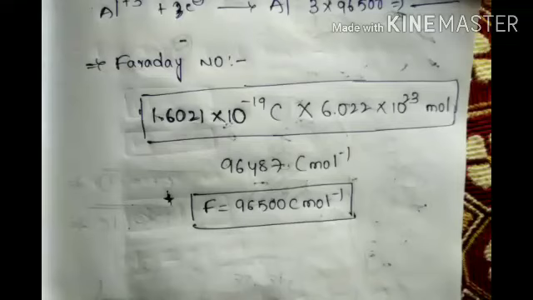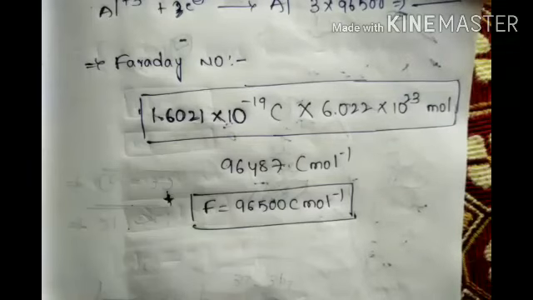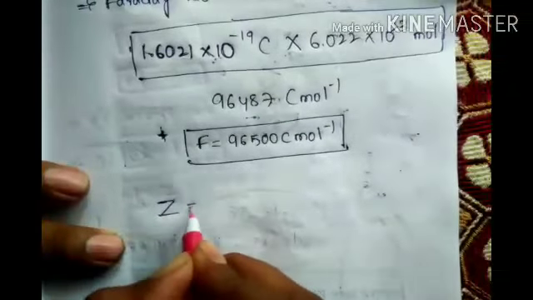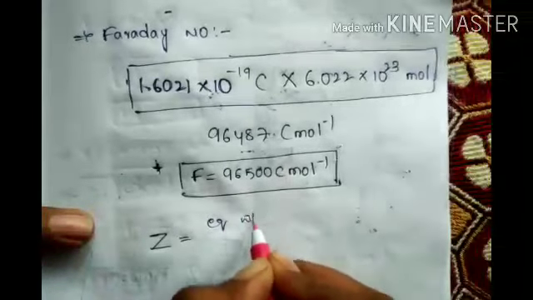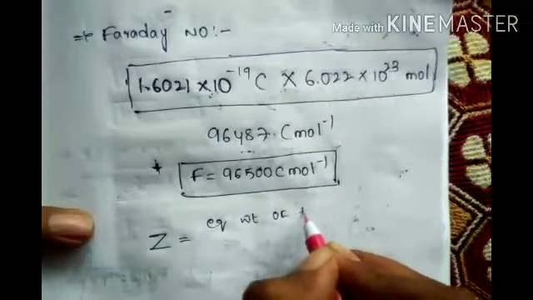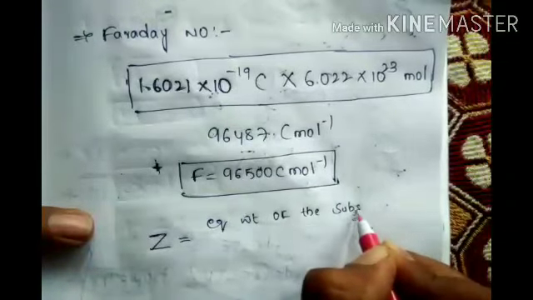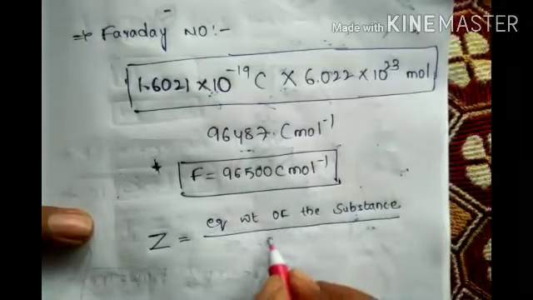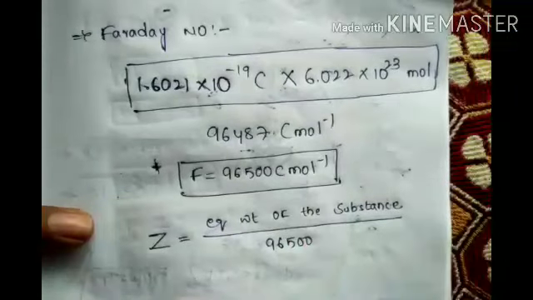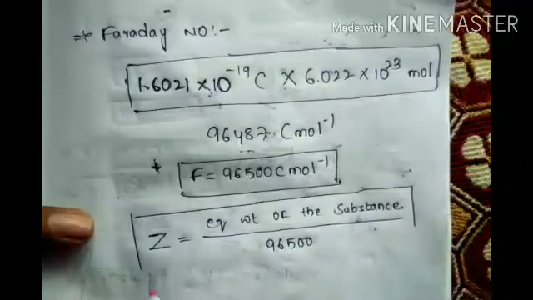As 1 Faraday, 96500 coulombs, deposits 1 gram equivalent of a substance, when equivalent weights are coming, what do we have to do? It is Z. In Faraday's first law, Z equals the equivalent weight of the substance by 96500. This is one formula, remember it.